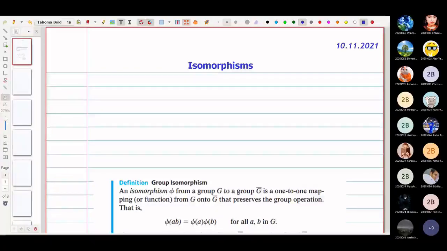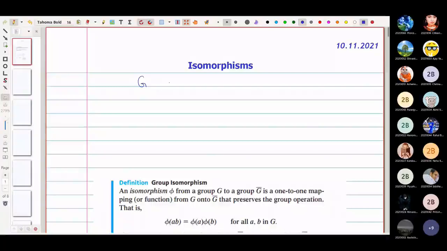So we know that any homomorphism which is 1-1 and onto is termed an isomorphism. Okay. So what is homomorphism? Homomorphism is basically structure preserving.